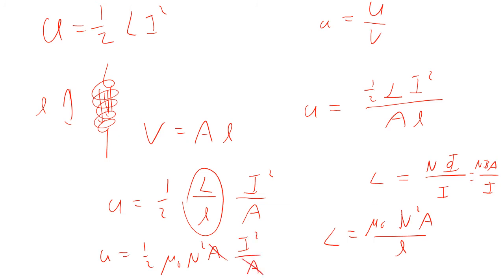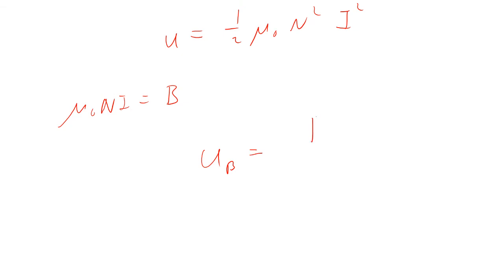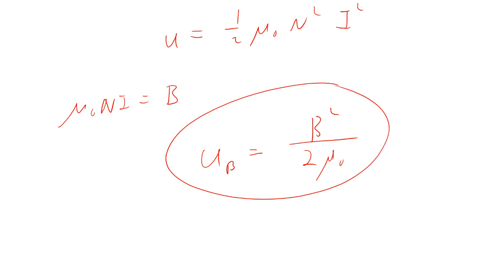And so we would then be able to say that the energy density is 1/2 mu naught N squared I squared. Okay. But we know that mu naught N I is B in a solenoid. And so if we plug that in up here, that would give us that the energy density in the magnetic field is B squared over 2 mu naught. Okay, with a little bit of algebra.